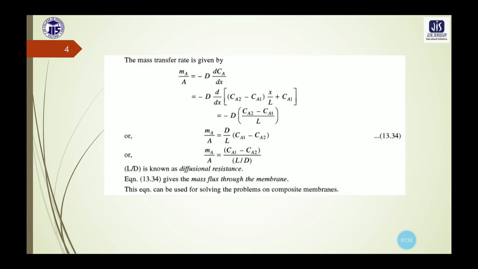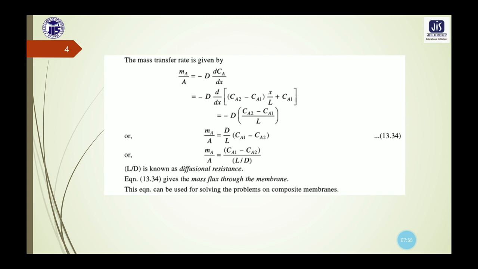Now the mass transfer rate can be calculated as MA by A equals minus D dCA by dx, which is Fick's law of diffusion. So this is equals minus D d/dx of CA, where CA is (CA2 minus CA1) into x by L plus CA1.